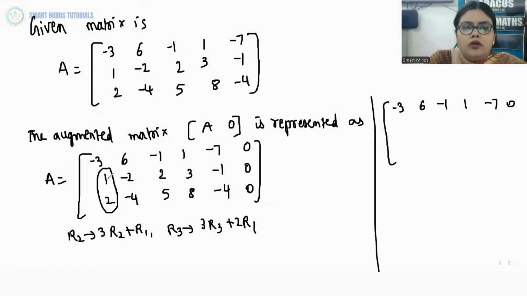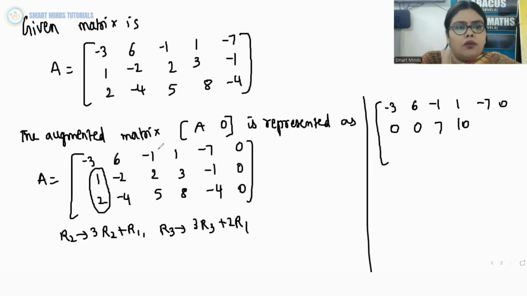Now second row, 1 into 3 is 3. 3 minus 3 is 0. Then -2 into 3 is -6. -6 plus 6 is 0. Then 2 into 3 is 6. 6 plus 1 is 7. Then 3 into 3 is 9. 9 plus 1 is 10. Now let me do this one again.